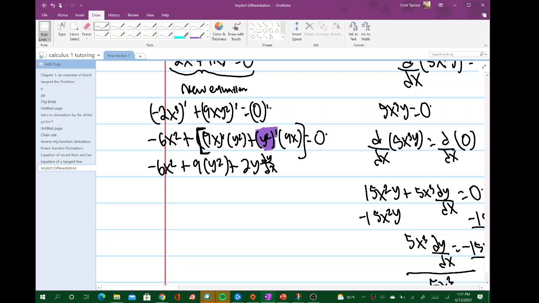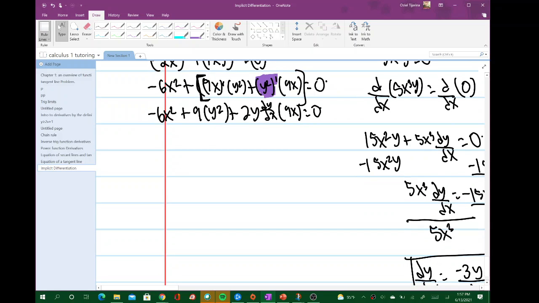You always put a dy dx after. Times 9x is equal to 0. So then you go ahead and simplify it. Negative 6x squared plus 9y squared, and then plus 2 times 9 times xy dy dx. So basically it's going to be 18xy dy dx. Now that's equal to 0.